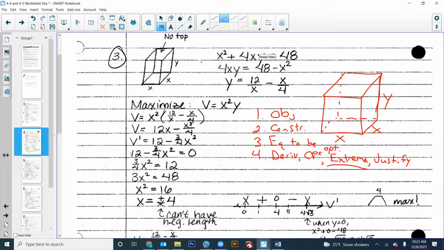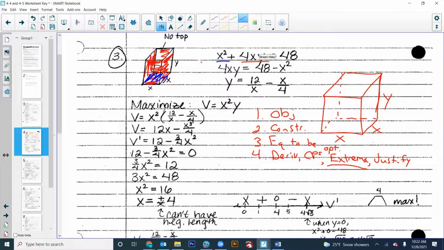What is that x squared plus 4xy equals 48? That's the surface area. X times y is this right surface, front surface, back surface, or side surface. There's 4 of those. And then the bottom was x squared.